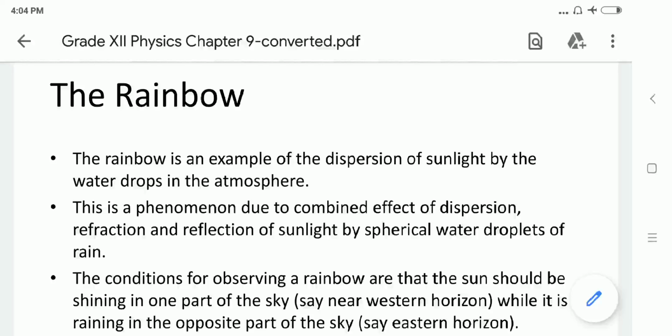We can observe this when the sun is shining at one part of the sky while the rain is available at the opposite part of the sky. So as an observer, we can see a rainbow only when our back is towards the sun. In the opposite side of the sun, the rainbow can be visible.